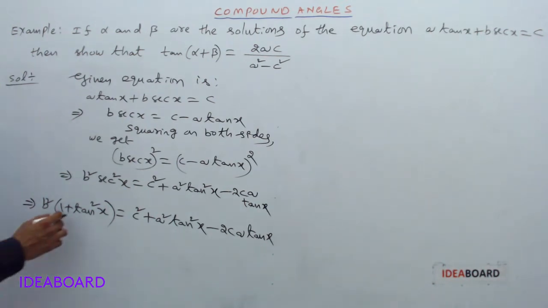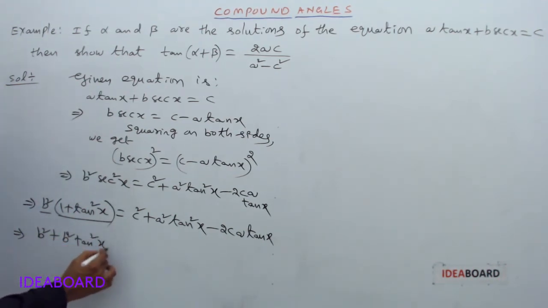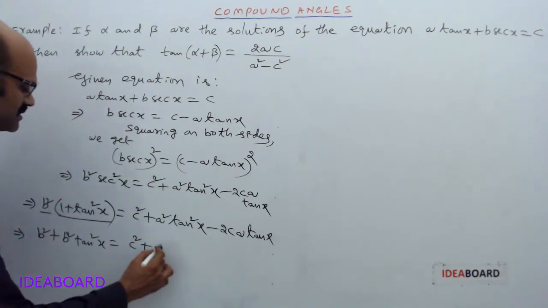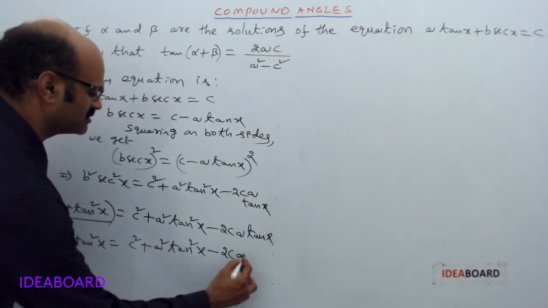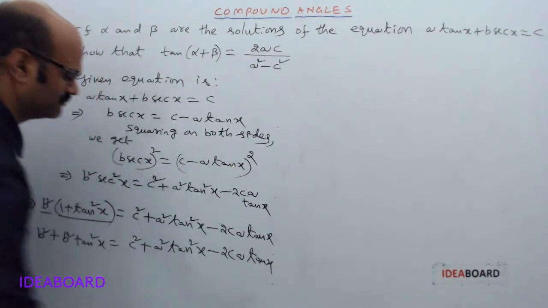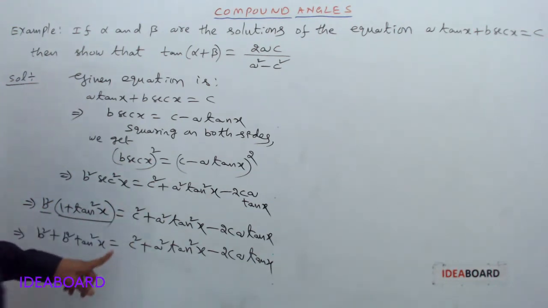Therefore, multiply 1 plus tan square x with b square: b square plus b square into tan square x equal to c square plus a square into tan square x minus 2ca tan x. Write b square plus b square tan square x from LHS to RHS.